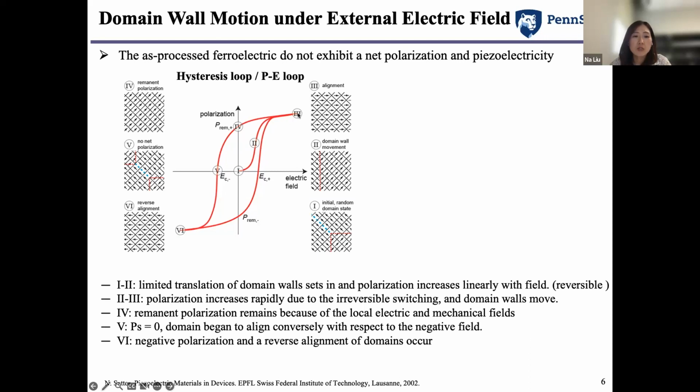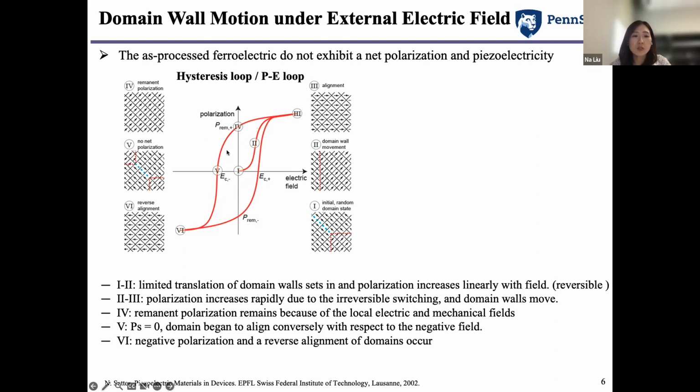By decreasing the electric field to 0, the subdomains cannot reverse to the original state in time, so a remnant polarization remains, which is called the remnant state.